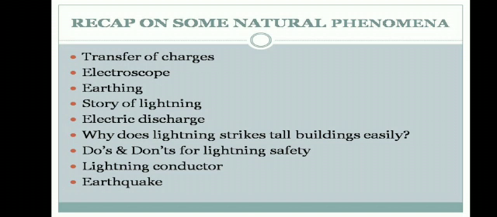Story of lightning. During a thunderstorm, the hot air moves upwards, so the rainfall falls downwards towards the ground. This leads to the separation of charges in the atmosphere. The negative charges get accumulated in the lower part of the cloud, while positive charges accumulate at the upper part of the cloud. The ground is accumulated with a positive charge. These charges begin to multiply due to the increase in wind and rainfall.